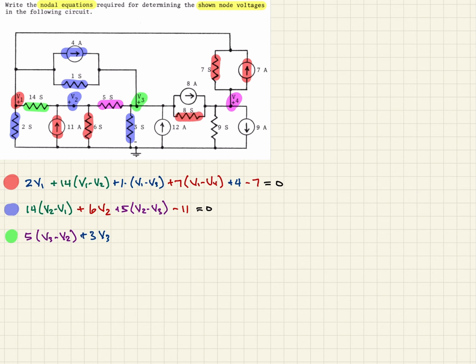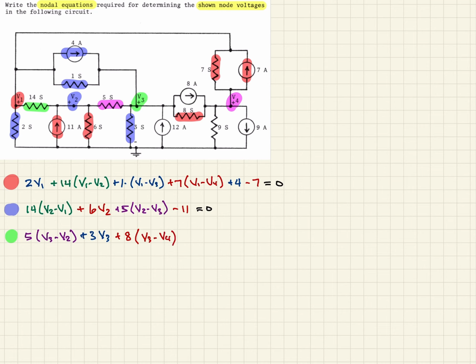We have this resistor that's connected to our node, and so this one will be plus 8 times the difference in the voltages again, so it's V3 minus V4.